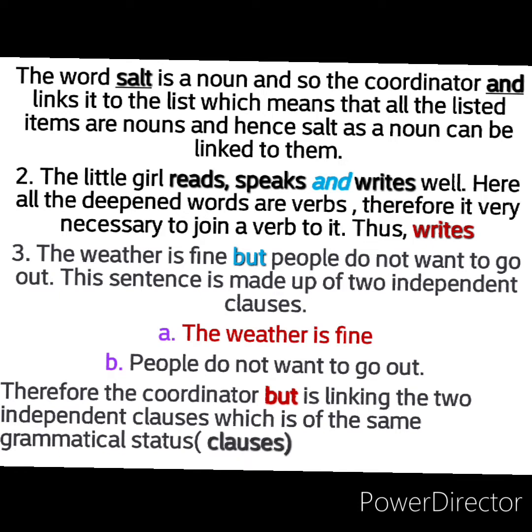And so the linking word or the coordinator there is 'and', and the 'and' is adding the other verb, which is writes, to the various verbs that are listed in there. So writes is also being added to the various words that were described earlier. Hope it is clear.